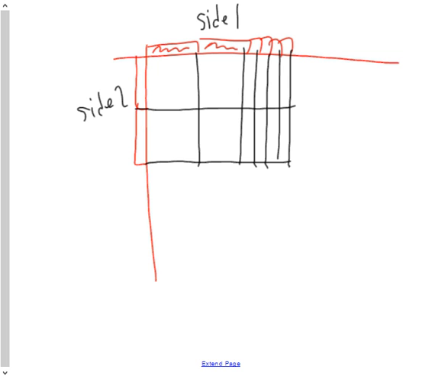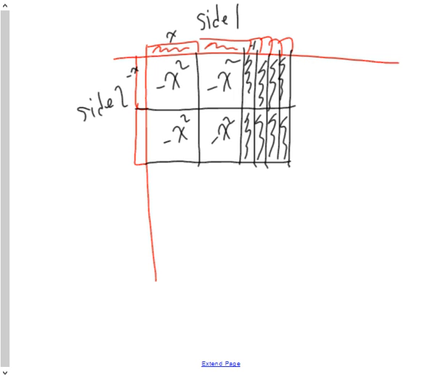Since this is a positive x and this is a negative x, this is going to end up being a negative x squared, and so are these ones here. Since this is a negative 1 and this is a negative x, these are all going to be positives. So I'm going to fill them in like this. And now I have my answer.